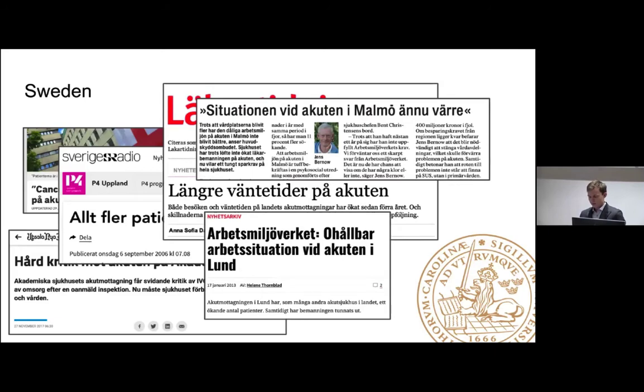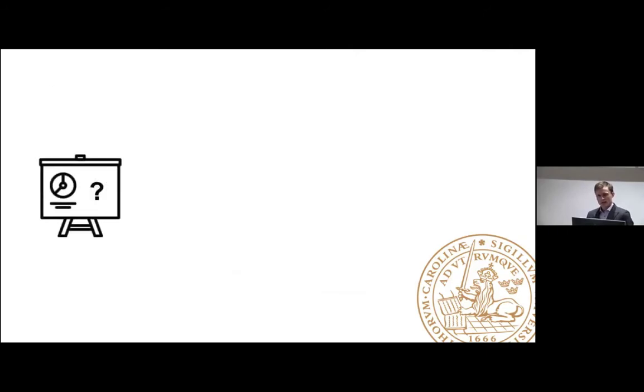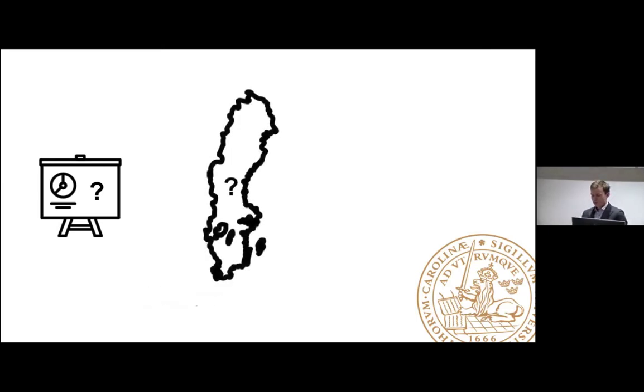And this was one of the things that spurred this interest in the area, because at the same time, we had no measure to estimate crowding in Sweden. There was no real vocabulary even about how to discuss whether or not it was crowded. It was usually around waiting times or around the number of patients, but there was no standardized way of discussing this. And there was no systematic way of looking at this nationally either.